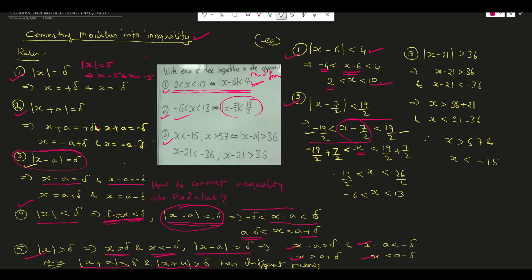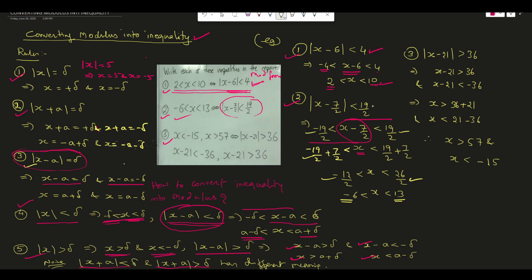So 7 by 2 plus 19 by 2 gives 26 by 2. And 7 by 2 plus minus 19 by 2 gives minus 12 by 2. So x is between minus 12 by 2 and 26 by 2. Now minus 12 by 2 is minus 6 and 26 by 2 is 13. So ultimately x is between minus 6 and 13.